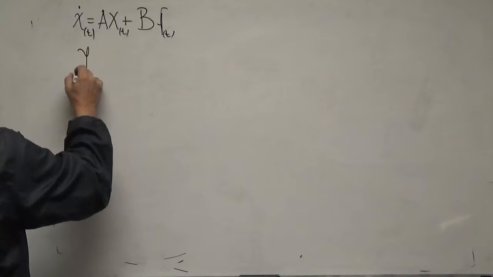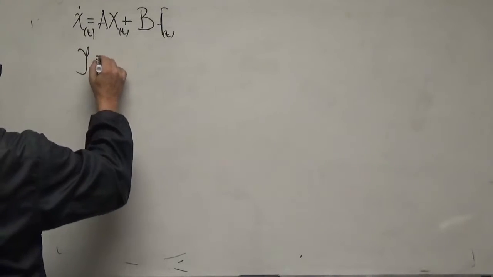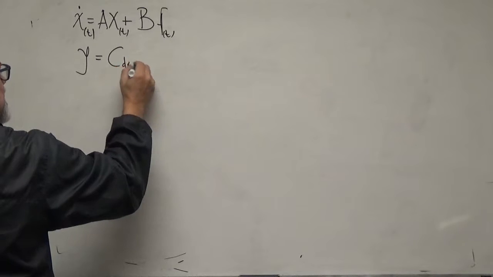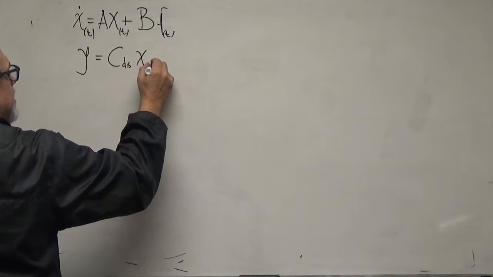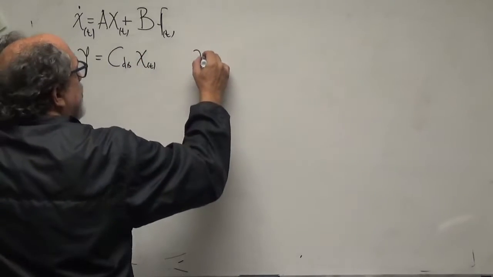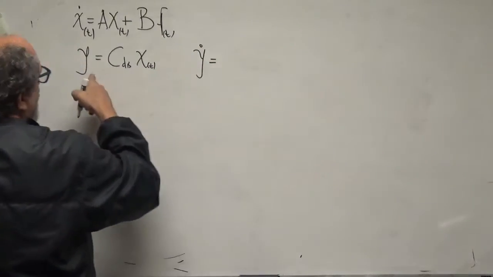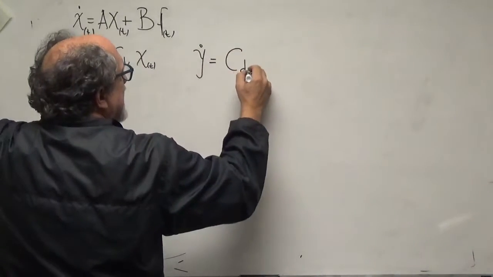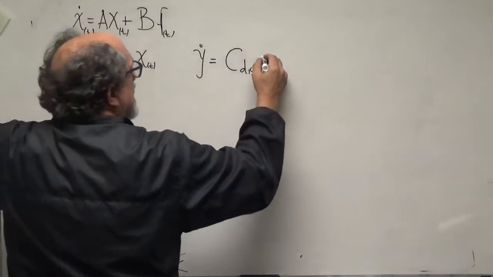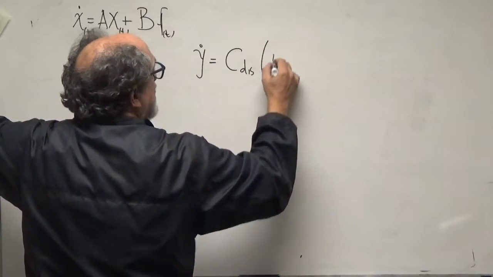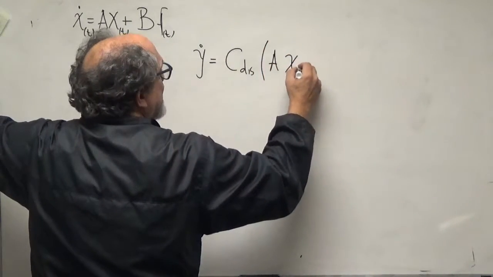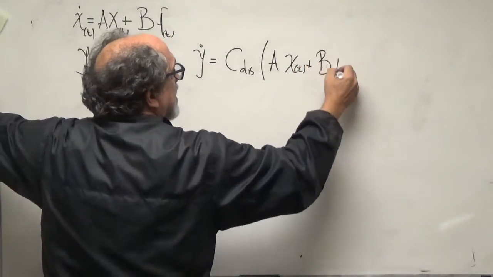Now imagine that what we have here is displacements. So I'm going to call it C displacements times x(t), right? Now, if you take a derivative of y, that will be C displacements times the derivative of x. But the derivative of x is Ax(t) plus Bf(t), right?